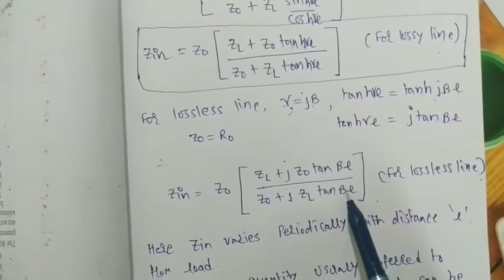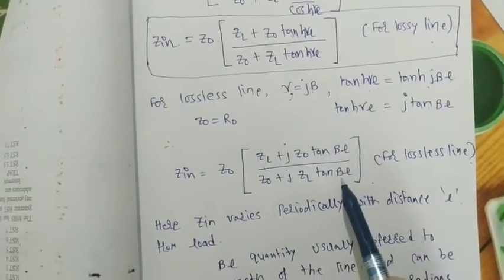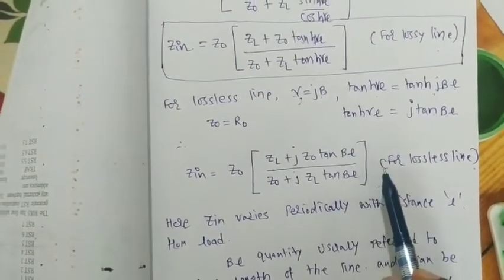So this is called the input impedance expression for a lossless line.